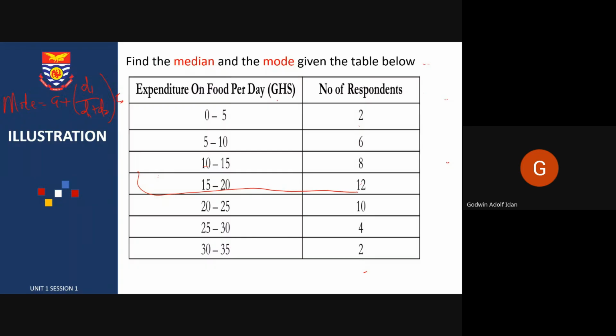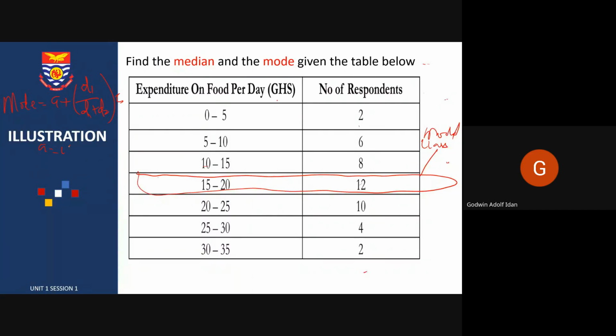So 12 gives us the modal class because it is the highest frequency. Now, once we get a modal class, A is the lower value. Our A becomes the lower class boundary of the modal class.